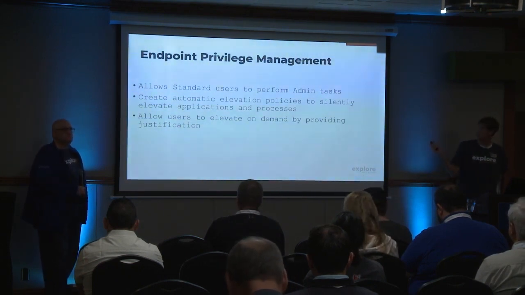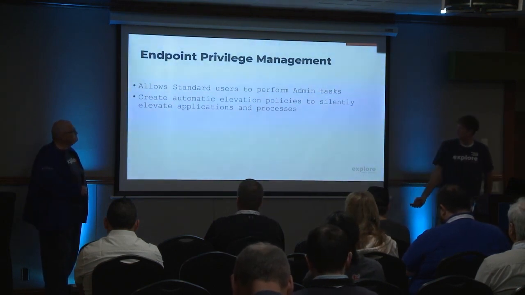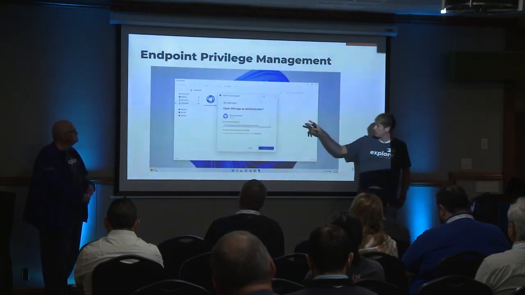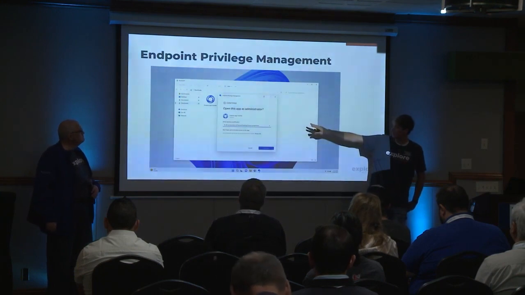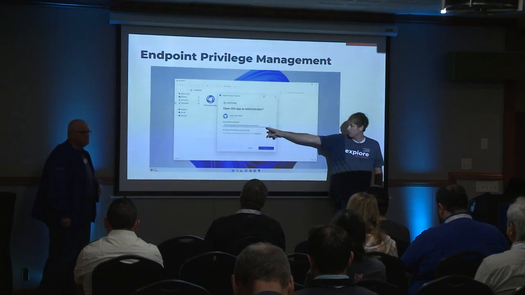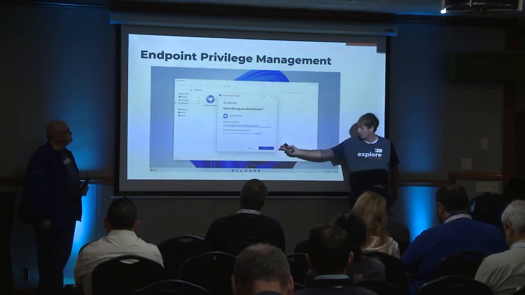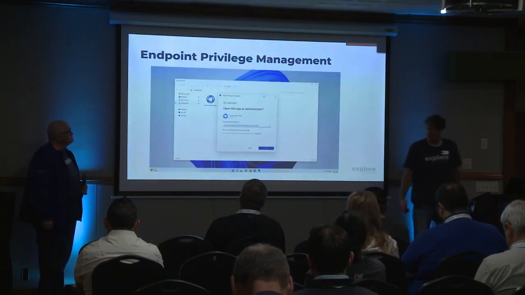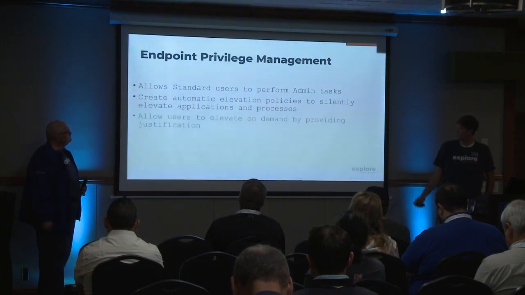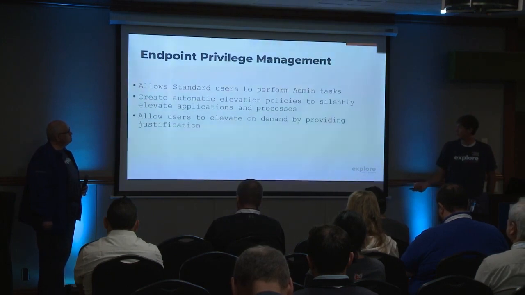So if we set up rules to elevate on demand, what ends up happening here, I'm going to go back a few slides, instead of a normal UAC prompt, we get the endpoint privilege management prompt, and then they enter the business justification. If it is good, they click continue, and then they can run that with admin rights. So it basically replaces the UAC prompt with the EPM prompt.